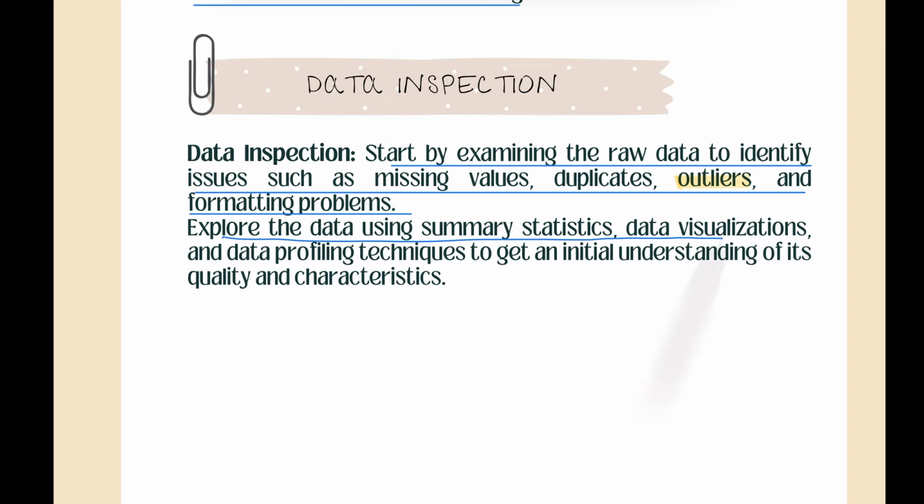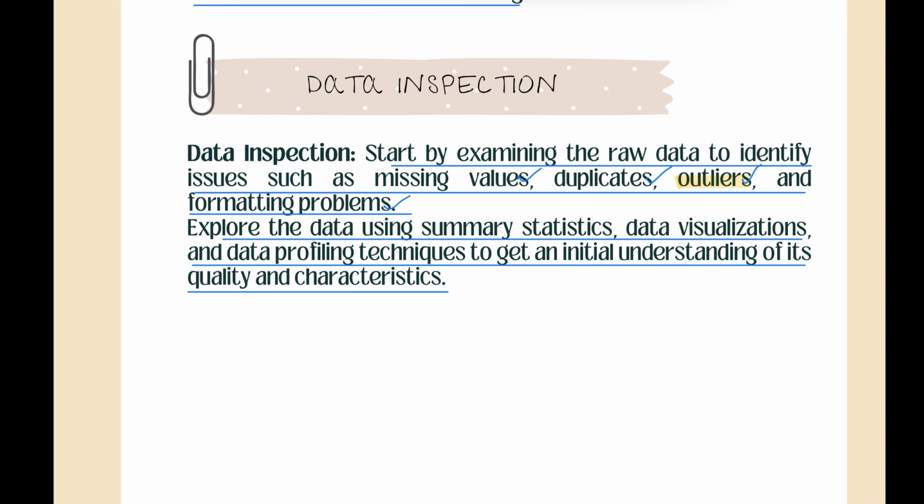Explore the data using summary statistics, data visualization, and data profiling techniques to get an initial understanding of its quality and characteristics. This is data inspection, which starts by examining the raw data and identifying issues like missing values, duplicates, outliers, or formatting problems in the data.